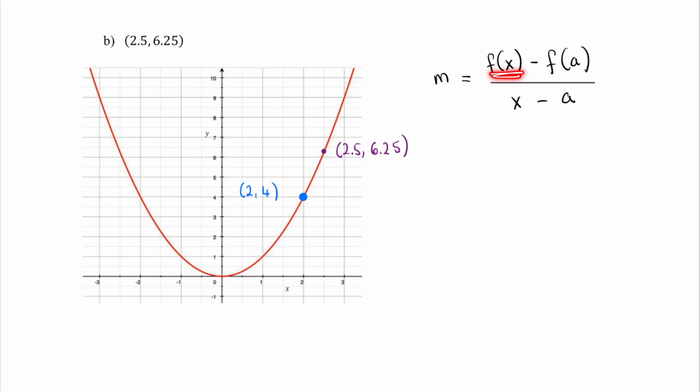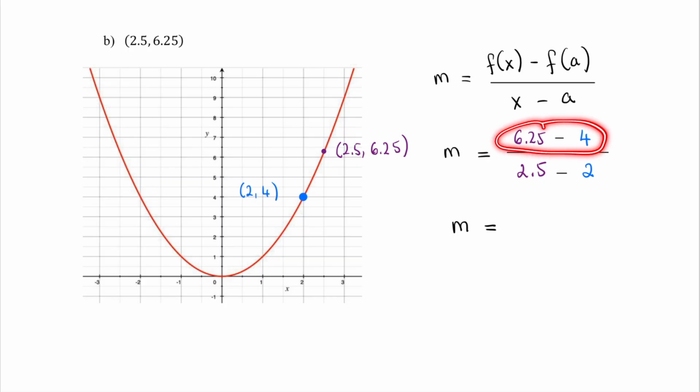f of x is the output of the second point, which is 6.25. f of a is the output of the first point, which is 4. x is the input of the second point, which is 2.5. a is the input of the first point, which is 2. 6.25 minus 4 is 2.25.